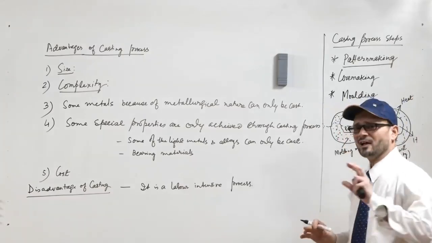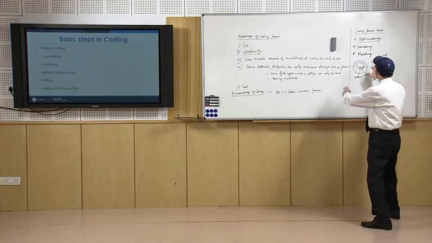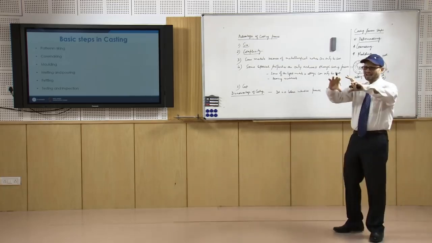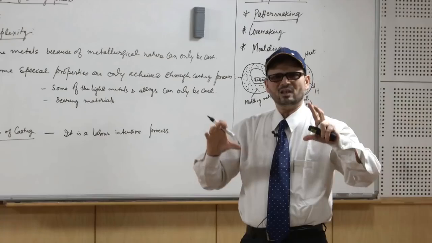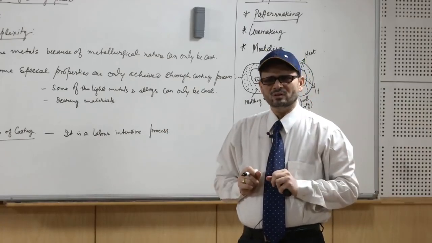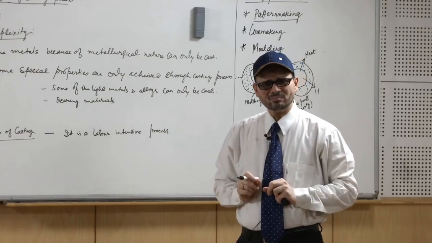So, in the molding shop, what you have to see is how you have to prepare the mold. The mold has to withstand the weight of the sand by which it is made. The mold has to be shaped in a certain form.